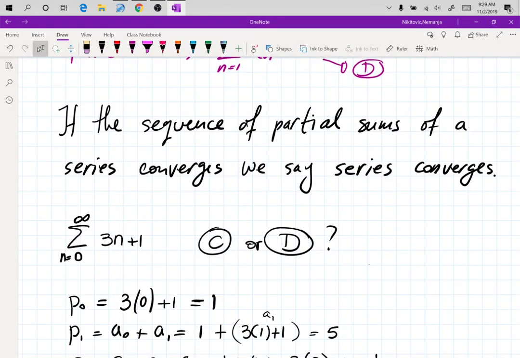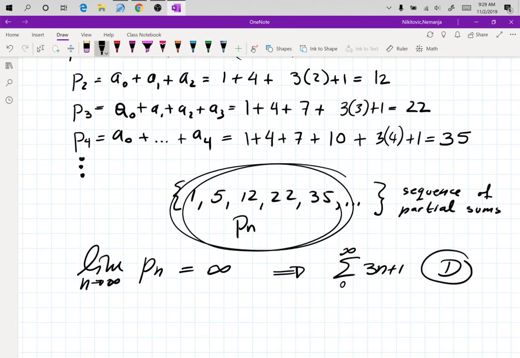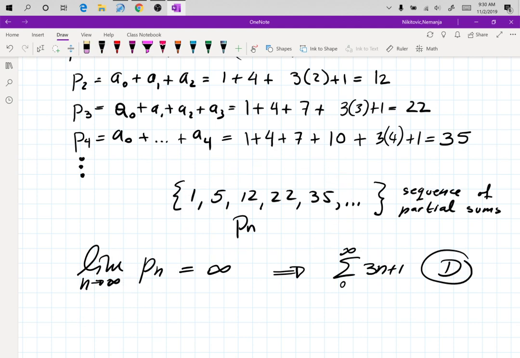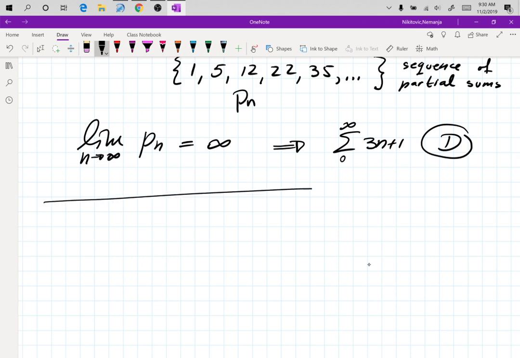If the sequence of partial sums converges, then the series converges. Well, for the convergence of the sequence, you have to have a finite limit. We don't have a finite limit. So that means that the sequence of partial sums diverged, and because the sequence of partial sums diverged, the sum diverges.